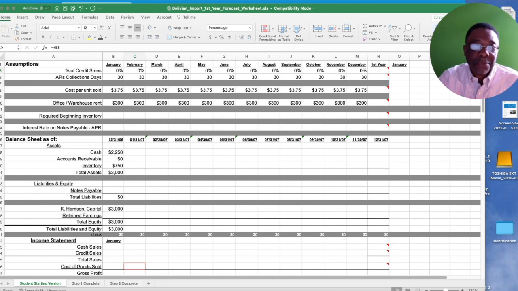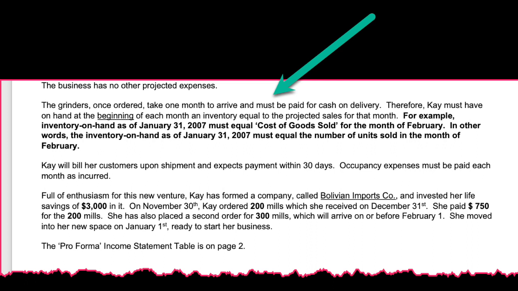I'm going to populate that, but I'm going to show you where I got that information from. Now this is important because ultimately it's going to impact our cash flow. How much inventory we need to have at the beginning of each month is going to impact the firm's cash flow because we have to buy that from the people in Bolivia and get it shipped here to America.